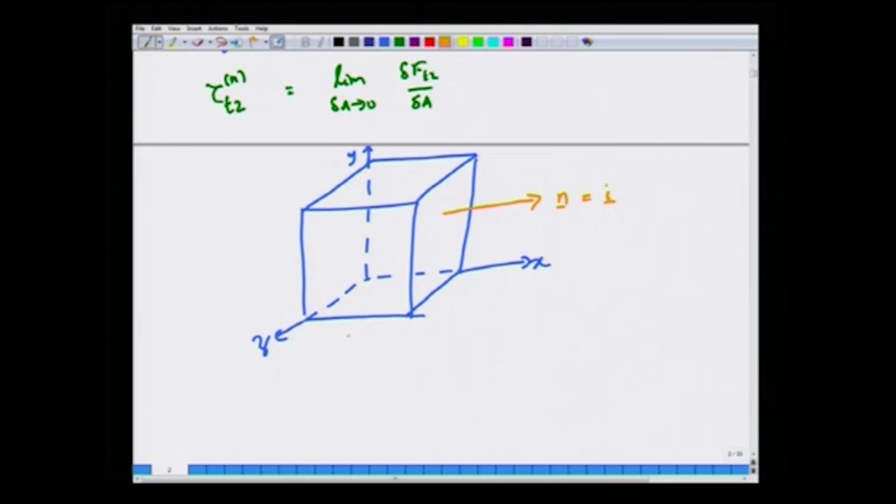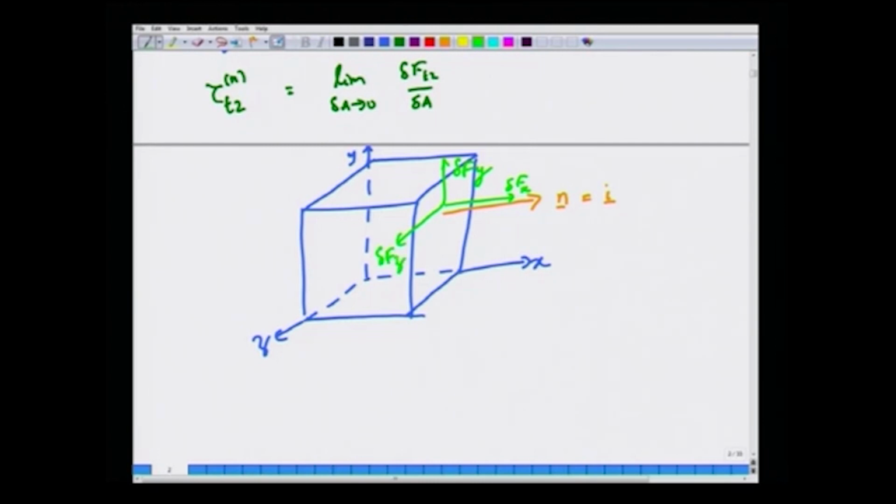We can write one along the normal direction, which is the x direction here, because that is the direction of the unit normal, and then the 2 tangential directions are y and z. So, delta f y and delta f z.